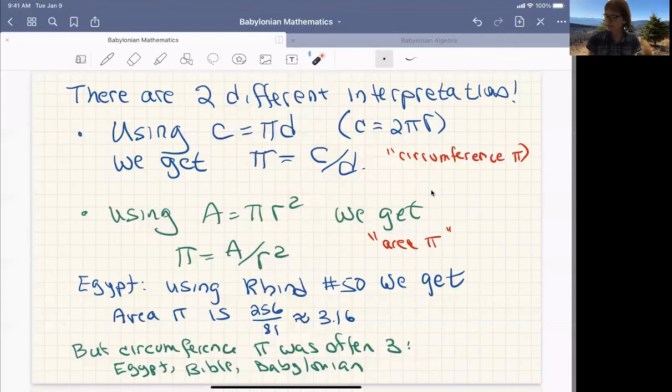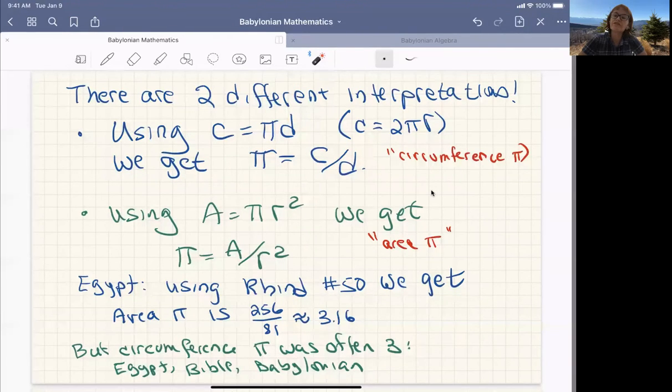Meaning, if you used the formula that the circumference of a circle is some number that we call pi times the diameter, if we solve for this number, we get that it's the ratio of the circumference divided by the diameter. So that's one interpretation of when we say pi. We mean the ratio of the circumference to the diameter.